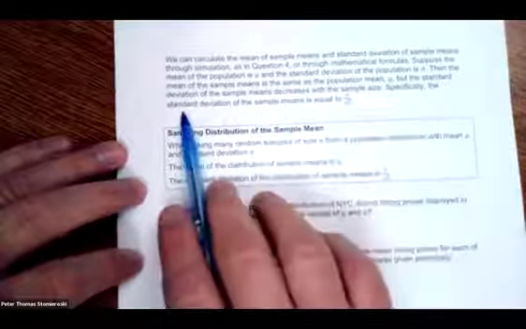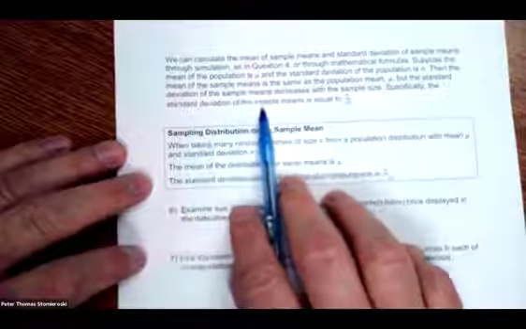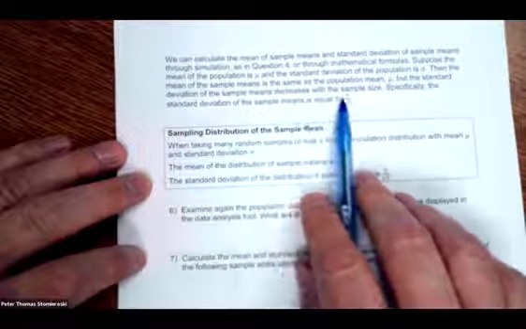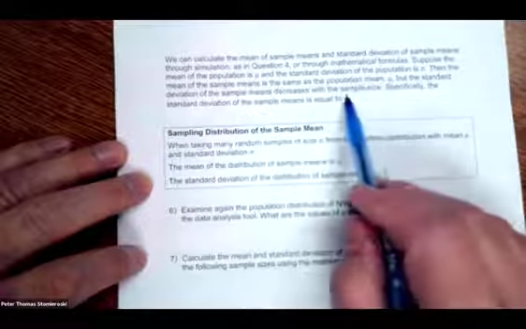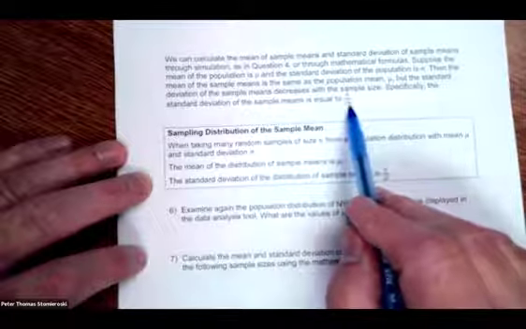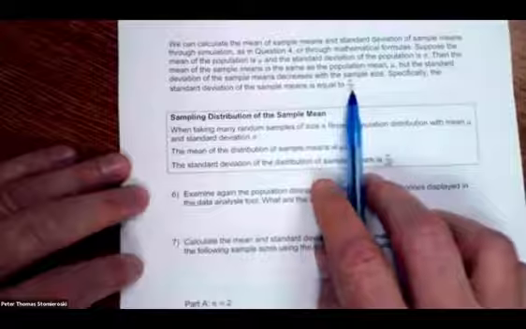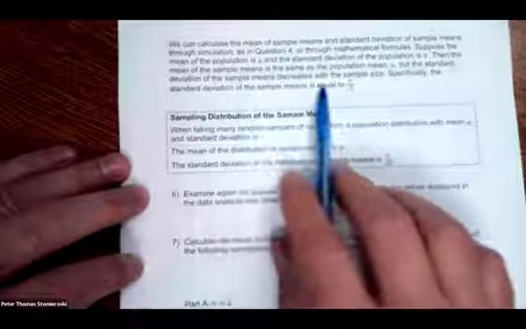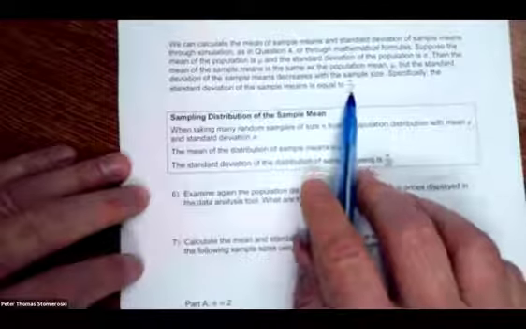Specifically, it can be proven mathematically that the standard deviation of the sample means is equal to the original population standard deviation sigma divided by the square root of your sample size. Notice as your sample size increases, the standard deviation of the sample means is going to decrease because you're dividing by a larger number.